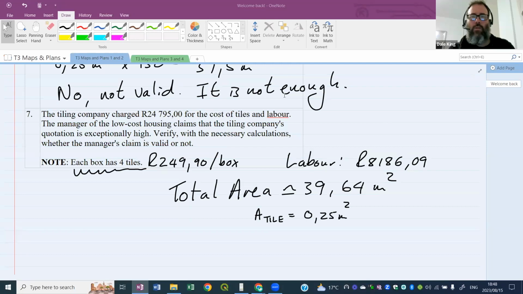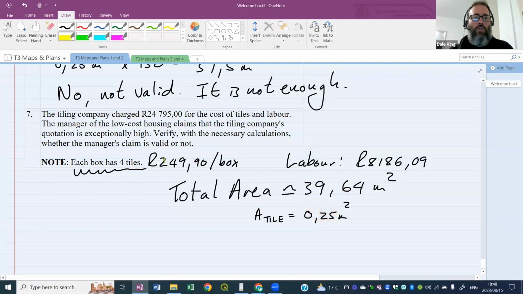All right. So we've got people saying, what are we doing? We're working out the total cost to tile this kitchen and bathroom. We've got the total area of the kitchen and the bathroom here, 39.64 square meters. We know that 1 tile is 0.25 square meters, and all this information was answered before in other questions.